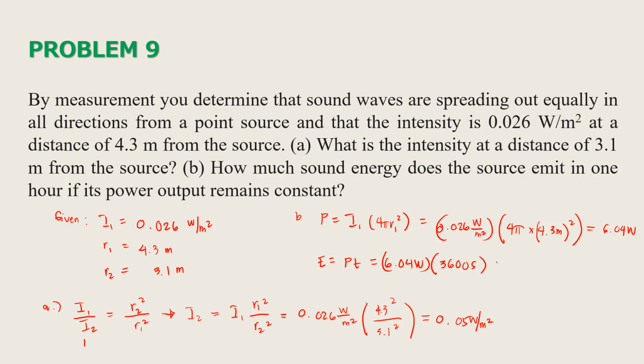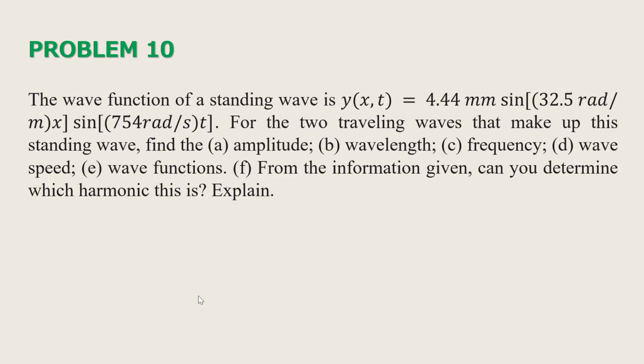So the energy it emits is equal to 21,744 joules. So we have watt second, where watt is equal to joules per second multiplied by second, so we have joules. Now, problem number 10.